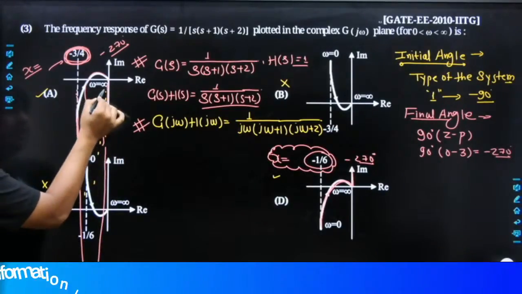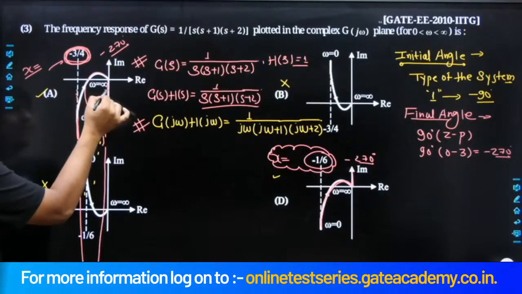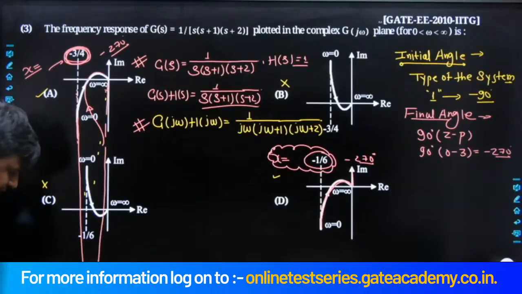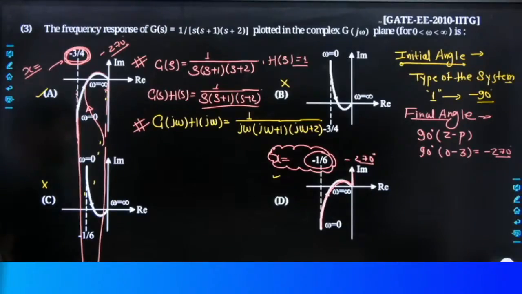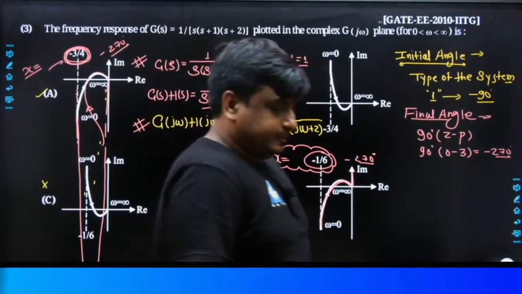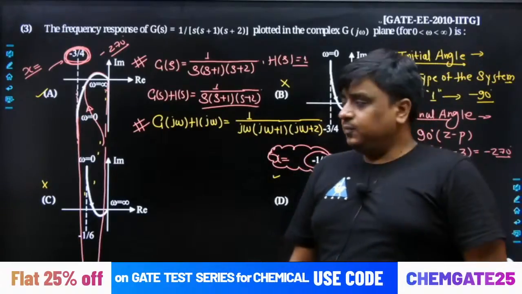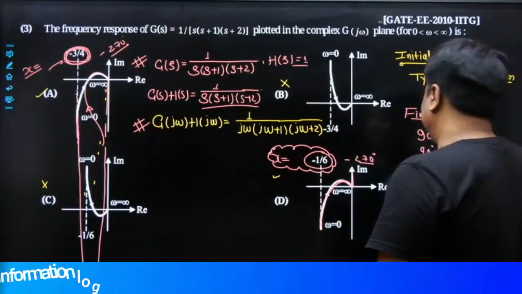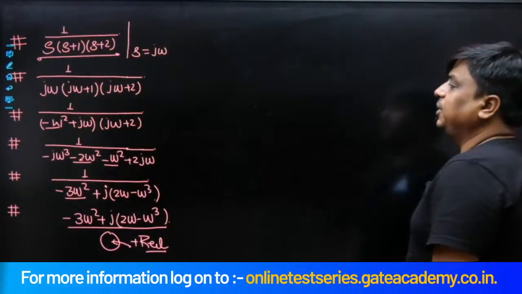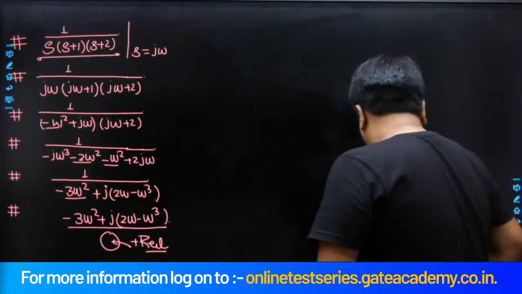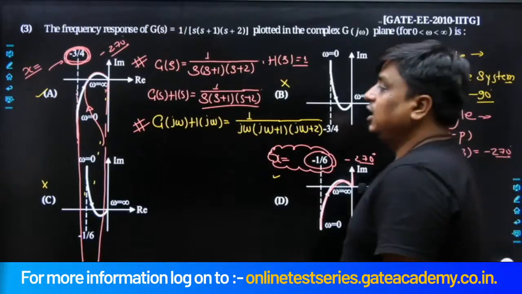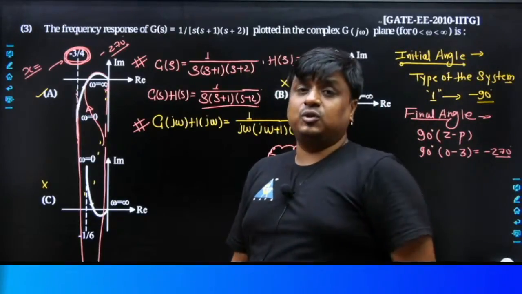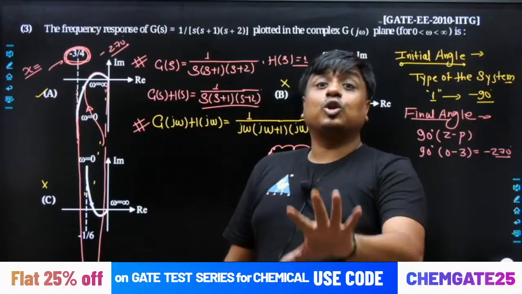Yes, if you take a little variation over the angle, still at omega equals 0, this line as well as this line would be tangent to each other. So at the end of the day, one thing is quite sure: you have to focus on its real as well as imaginary part by keeping omega equals 0. Once you do so, you will find its real part would be precisely minus 3/4 and its imaginary part is going to be infinity.